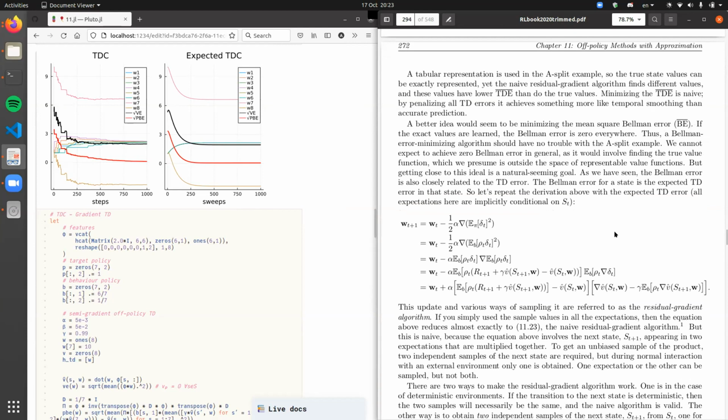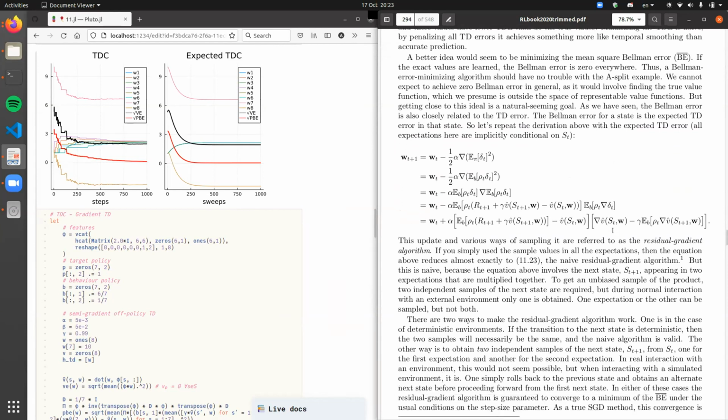Again, we can get an update rule that would correspond to the Bellman error. Here we go through the process of deriving it again. We start with the expectation under our target policy, then we switch to using importance sampling, estimating using the behavioral policy.